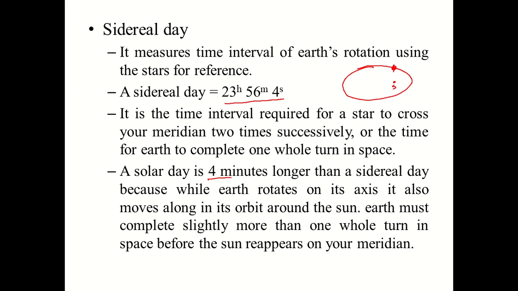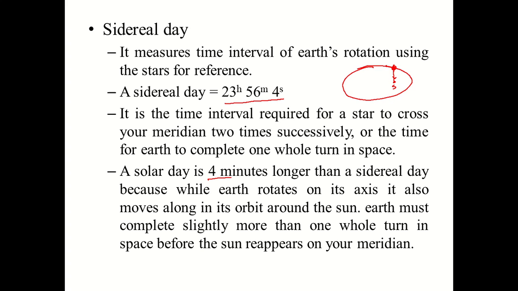So the person will see the sun above his meridian when Earth is at this position. Then when Earth rotates, it also moves along the orbit.